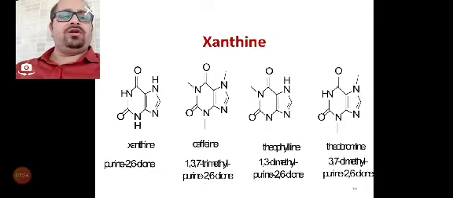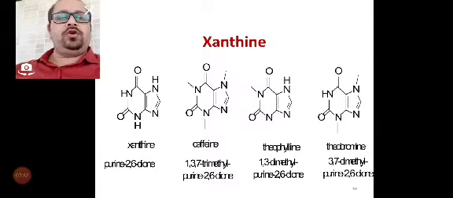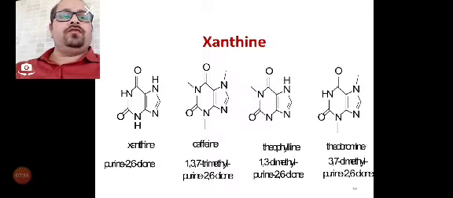Xanthine derivatives: if you look at your screen, xanthine is nothing but a purine 2,6-dione. 2,6-dione means that at the 2 position and 6 position, a carbonyl, that is a dione functional group, is present. That's why xanthines are the purine 2,6-dione class. If you look at the structure of caffeine, the first derivative of xanthine, caffeine has a 1,3,7 trimethyl substitution.